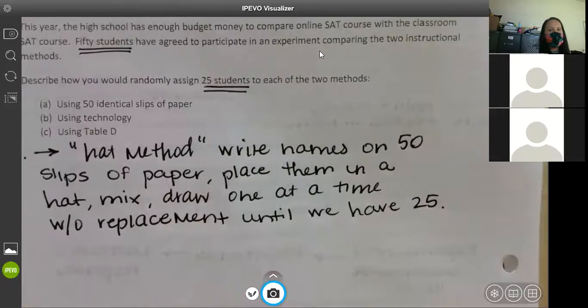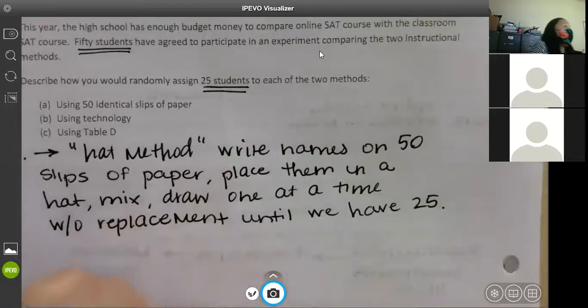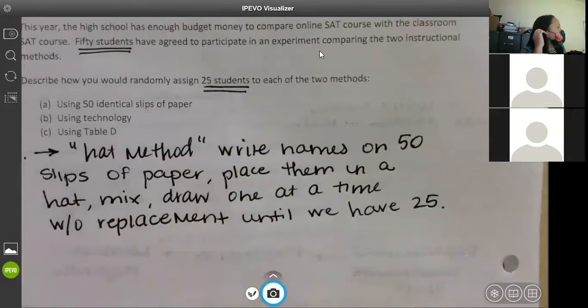What do you do with those 25? Why'd you draw them out? Why'd you pick those? But what are you doing to them? Why'd you pick 25? What are they going to do? Okay, well, how do I do that?